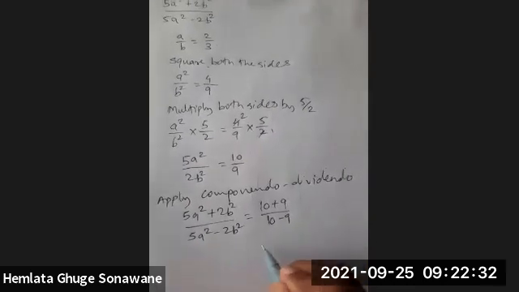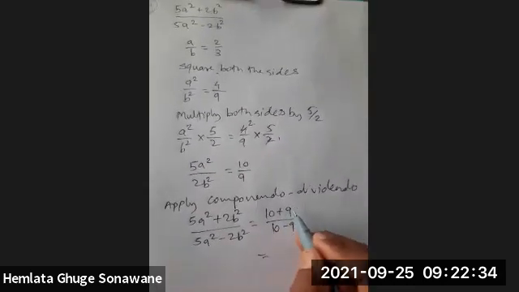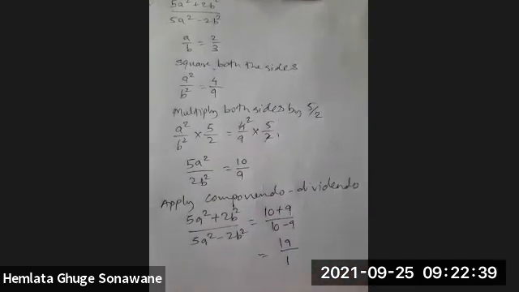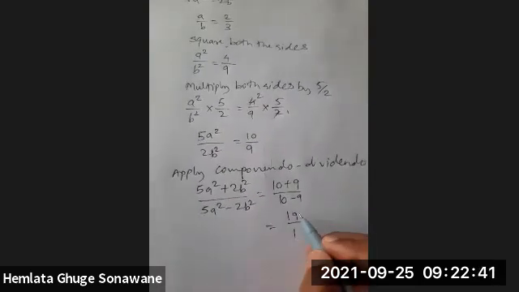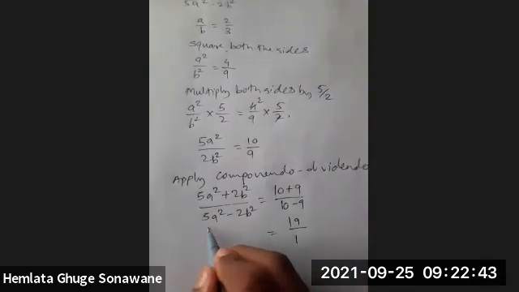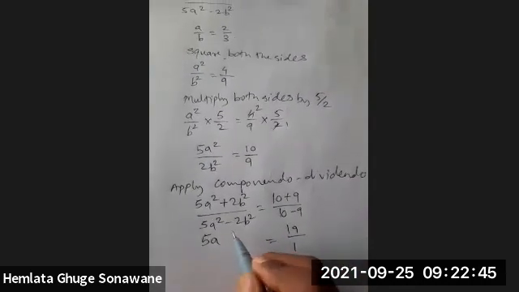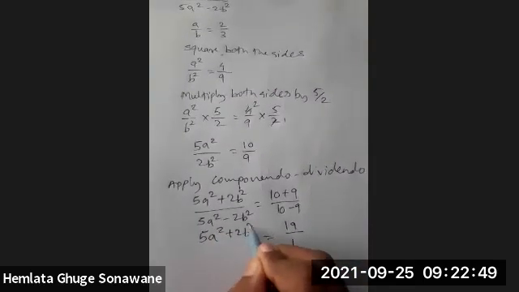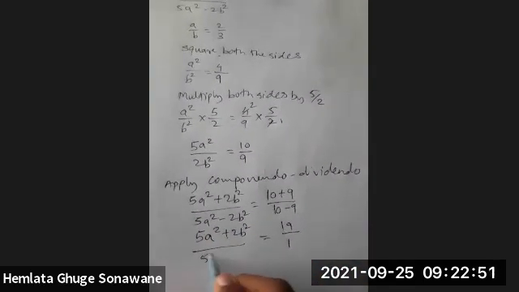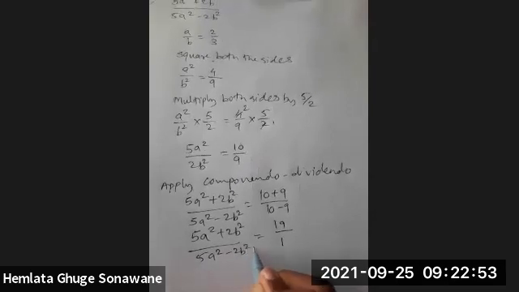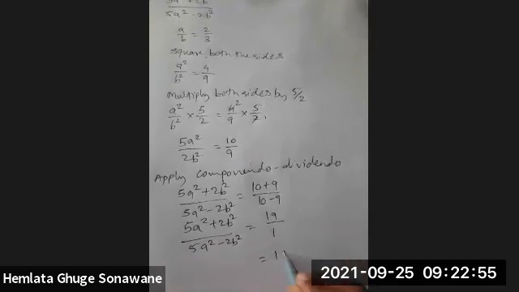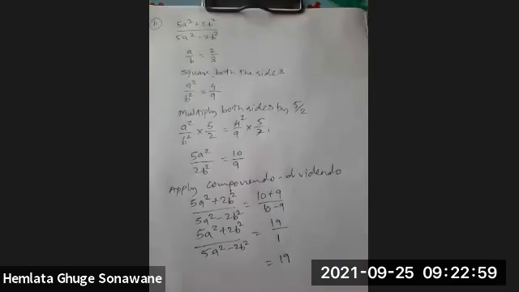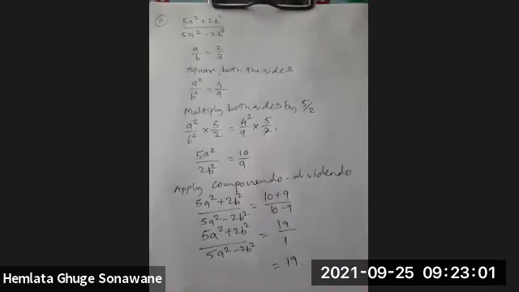This remains as it is. 10 plus 9, 19, and 10 minus 9, 1. That is, the value of the given expression is 19. This we can write down as 19 only. Just go through the solution.